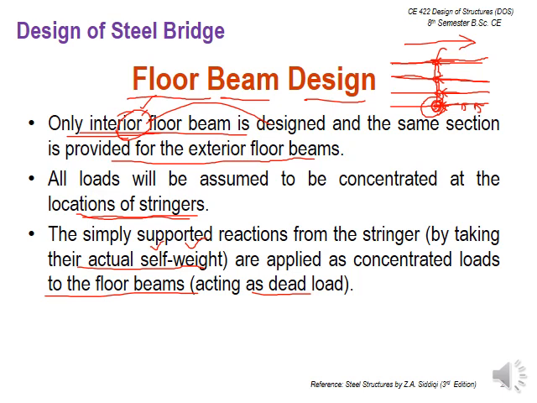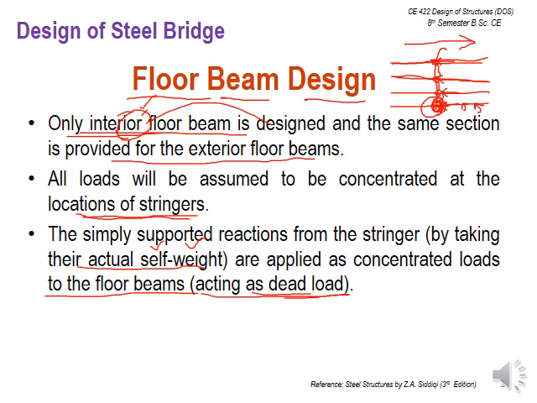But now you have designed the stringer, so you know the section weight and its whole dead weight. With the known dead load of the stringer you can apply it on the floor beam at that particular point. These are applied as a concentrated load on the floor beam, acting as a dead load.